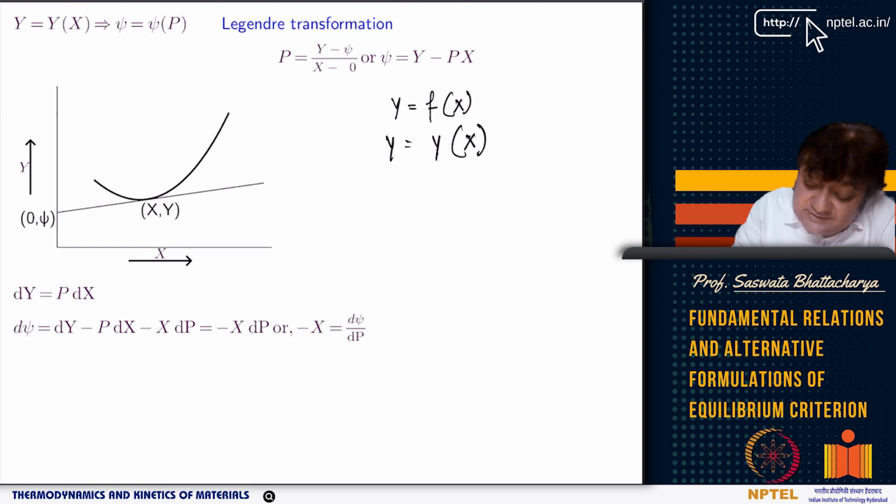Then the slope p, dy dx, is y2 minus y1 by x2 minus x1, which is simple coordinate geometry, so it is y minus psi by x minus 0.